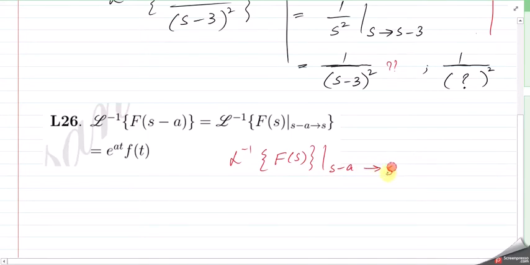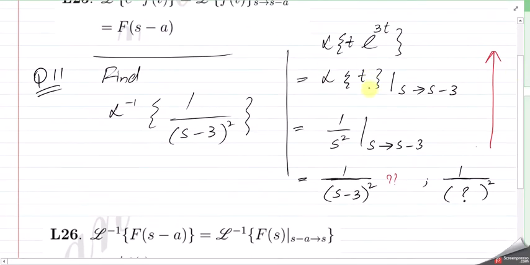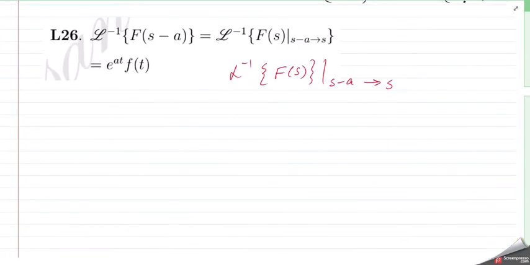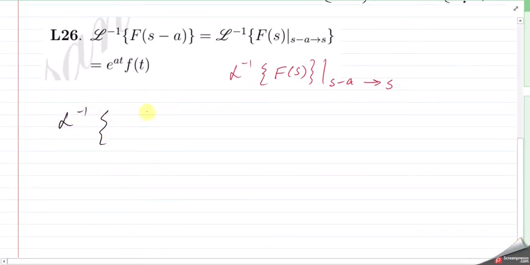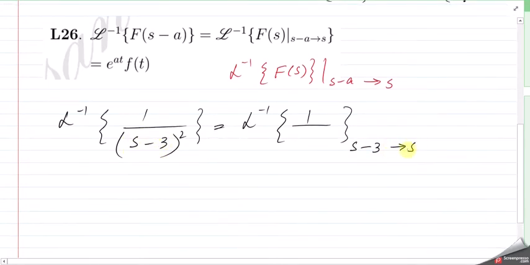So now what we do is, we do the same step in reverse. So now s minus 3 will become s, and from here we will write the Laplace inverse. Okay, so let's try an example. Same example actually. Laplace inverse of 1 over s minus 3 square. So if I change s minus 3 to s, s minus 3 becomes s.